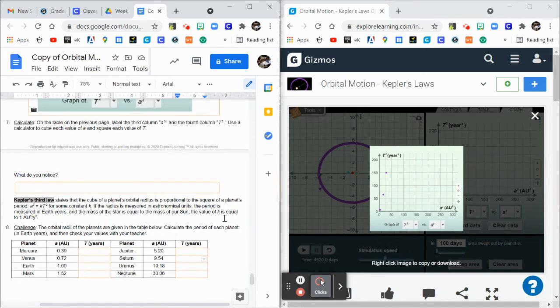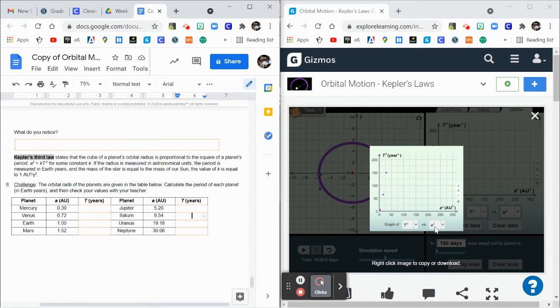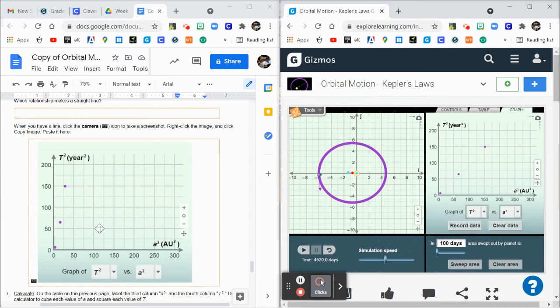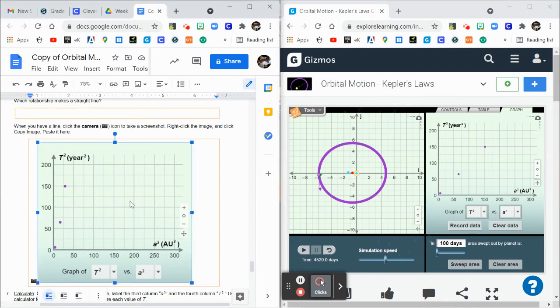And that's it, everybody. And so if we have t squared, then what this is saying is that there it is. There's a straight line. You see that? There's a straight line. T squared and a cubed. Okay, maybe that wasn't a straight line, so maybe I'm gonna change it.